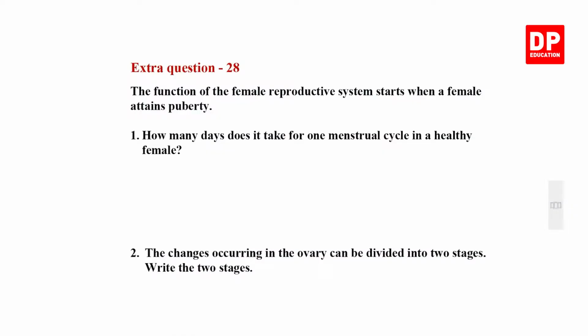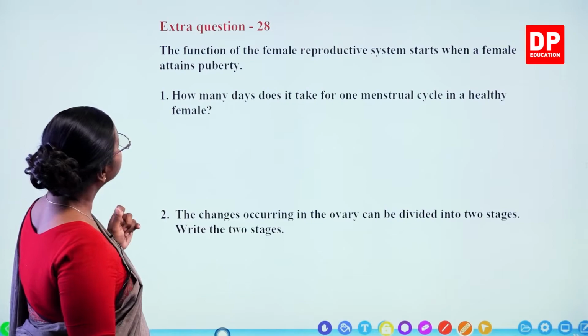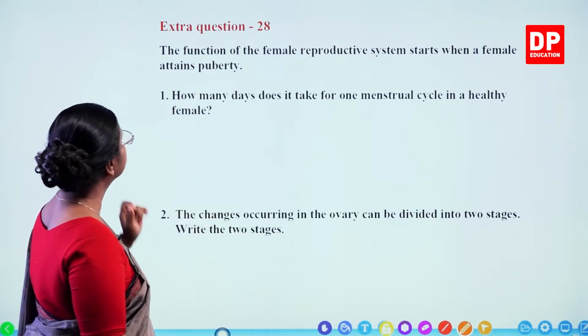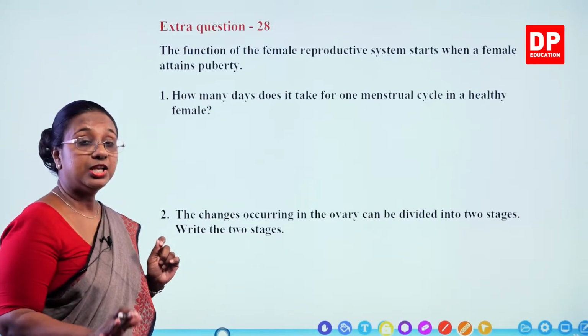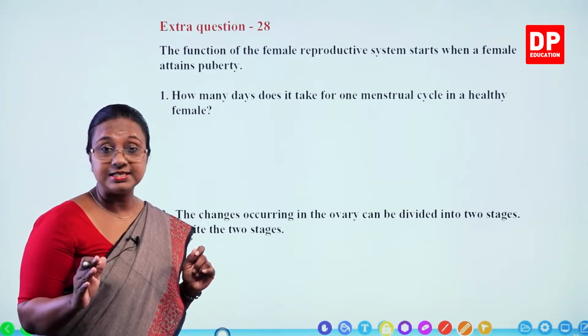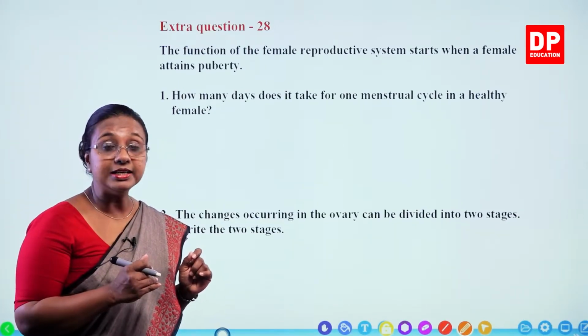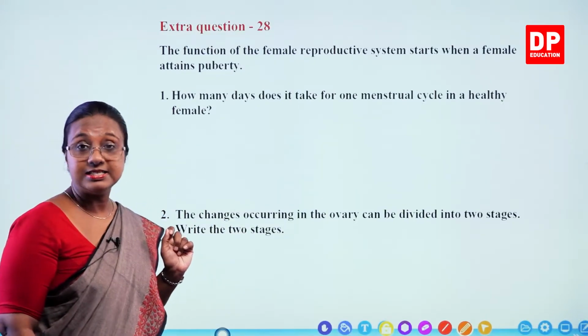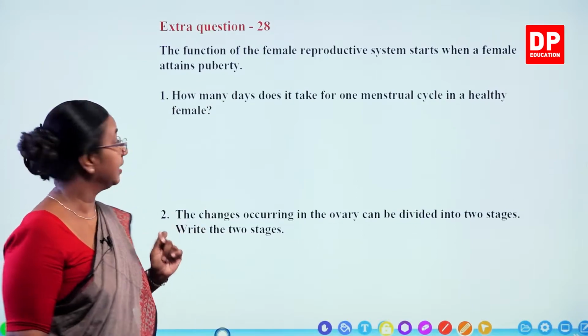Extra question 28. The function of the female reproductive system starts when a female attains puberty. That you all know, puberty or adolescence, that is influenced by the action of the hormones. That is what we call as the secondary sexual characteristics development.